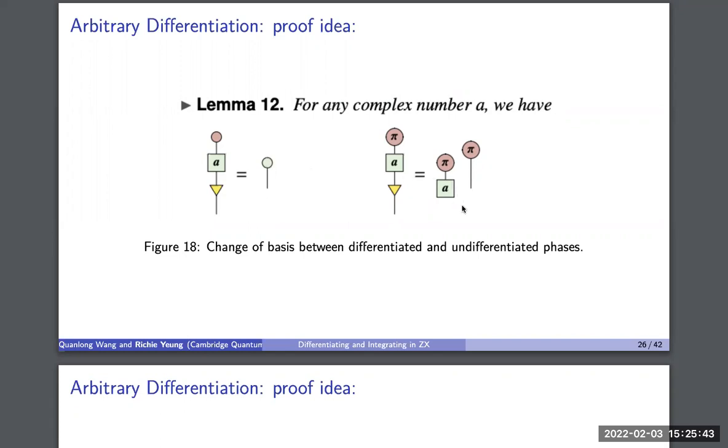Whilst if we differentiate it, you'll get something like this. You stick the red pi on and you multiply it by the scalar a, where the a is obtained from the chain rule. And it turns out this lemma is true, so you can express a differentiated phase and an undifferentiated phase in terms of change of basis. And the key is to use this transpose yellow triangle.